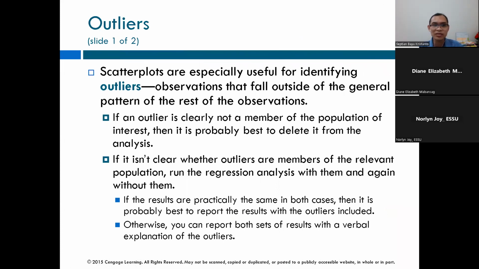Sometimes our data contains outliers. What is the meaning of outlier? An outlier is an observation that falls outside of our patterns. If you can create a straight line pattern or do a linear analysis, and then an observation is far away from your pattern, it could be an outlier.